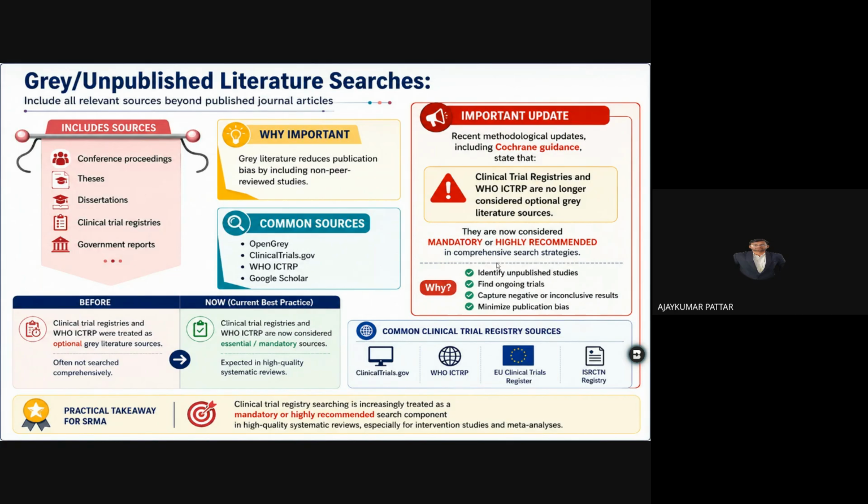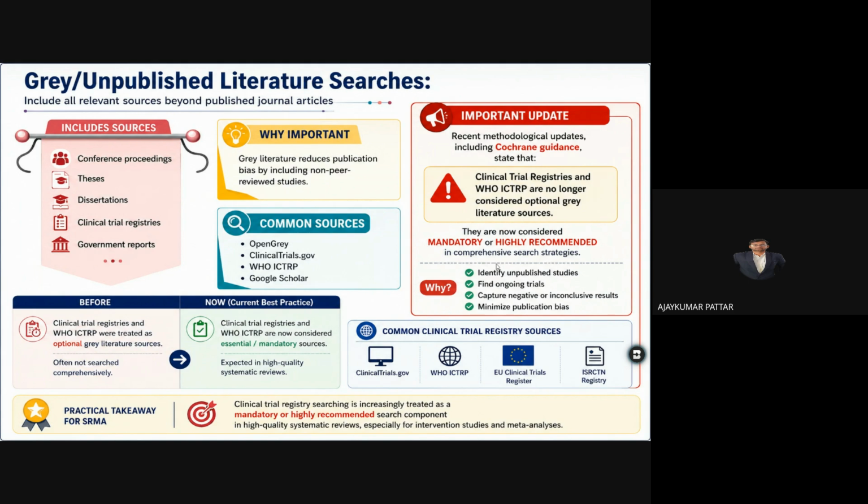So this change has been made. ClinicalTrials.gov and WHO ICTRP both belong to trial registration websites. We have to include them in the mandatory search. Now these are not in the gray or unpublished literature.